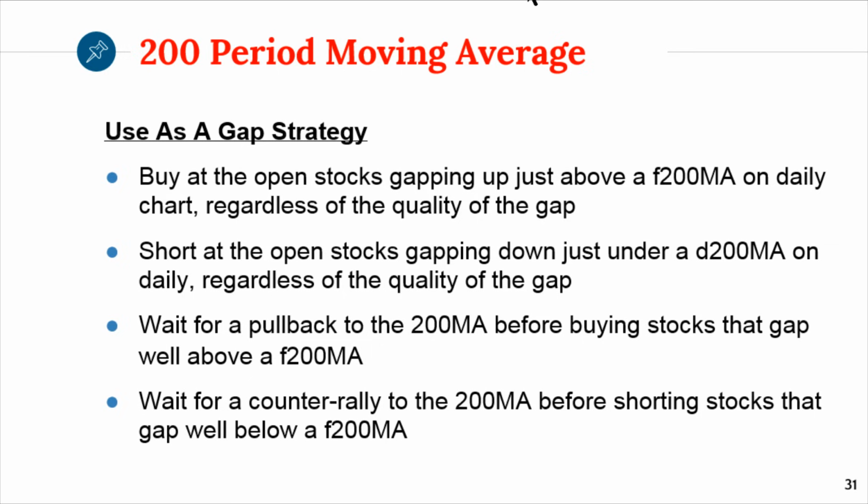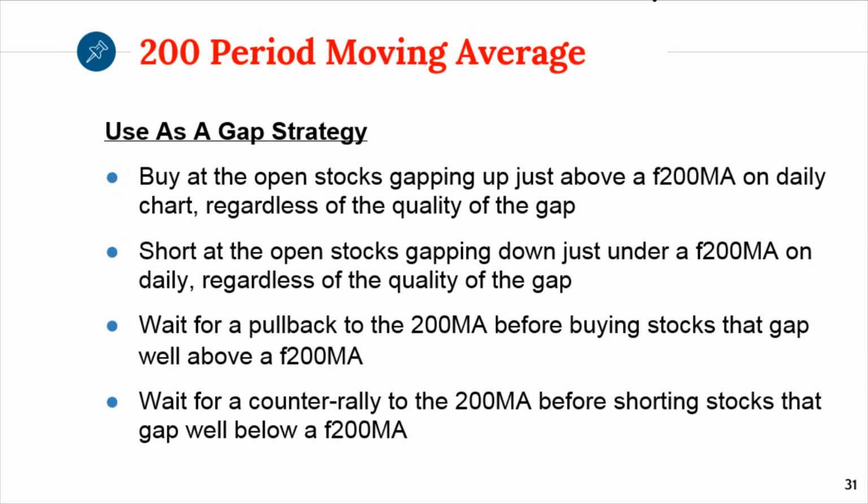Whether it's good, bad, really powerful, really mediocre gap, you can just buy it right at the open. Look to short at the open stocks gapping down just under a flat 200 MA on the daily chart, regardless of the quality of the gap.